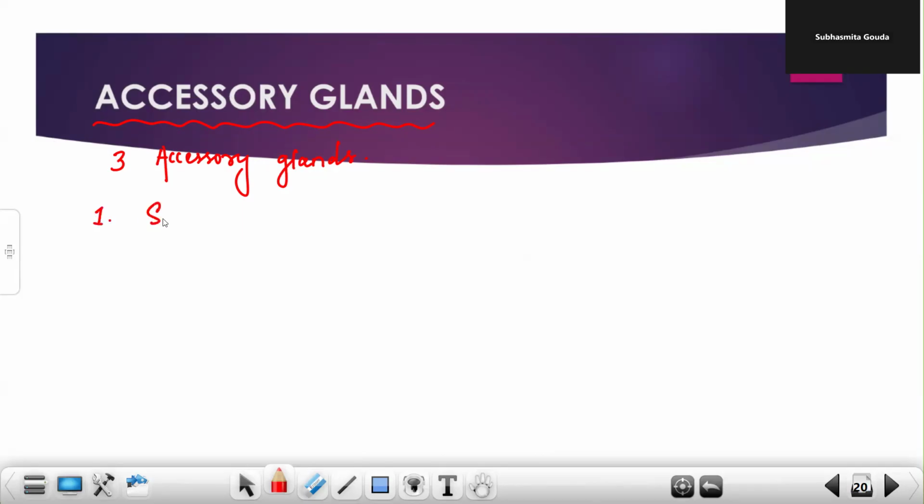First one is the seminal vesicle. And second one is the prostate gland. And third one is the Cowper's gland.